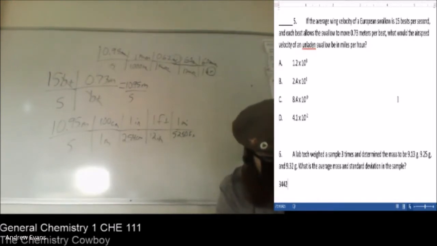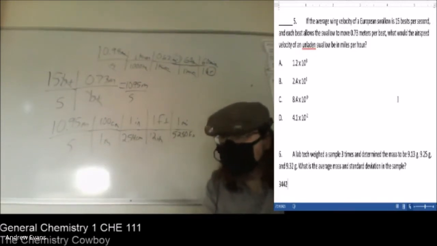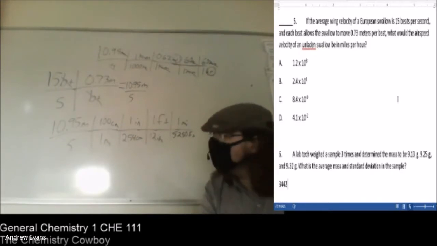So take our value, multiply by 60 and 60 again. You get the average bird speed is 24 miles an hour. So that would be answer B, 2.4 times 10 to the first.